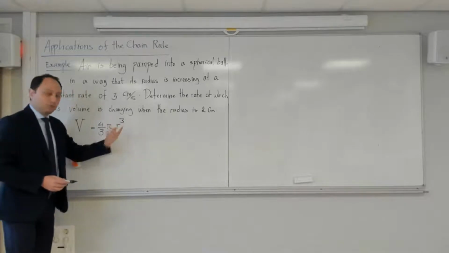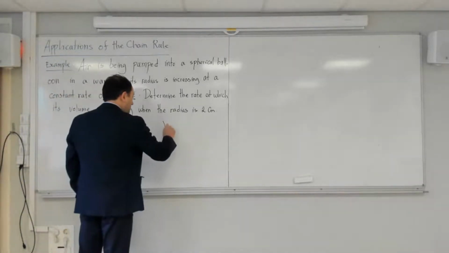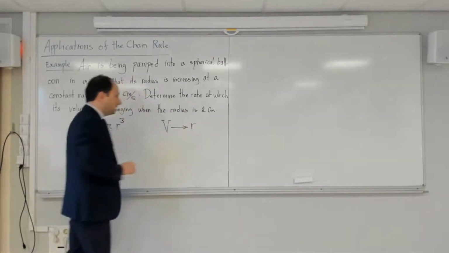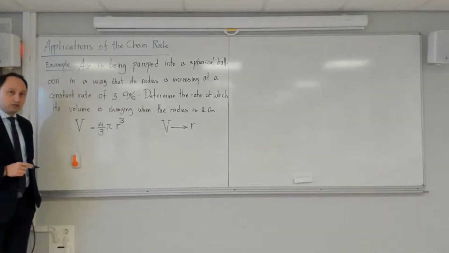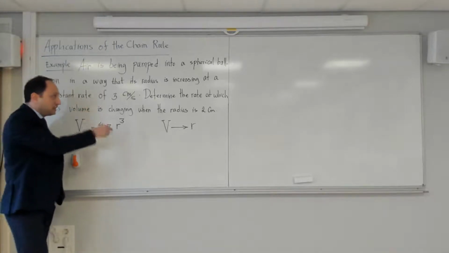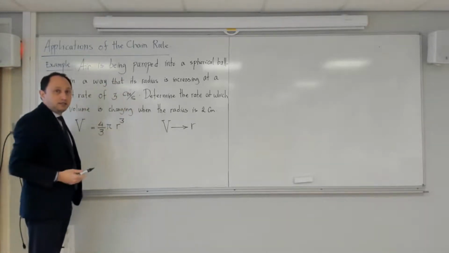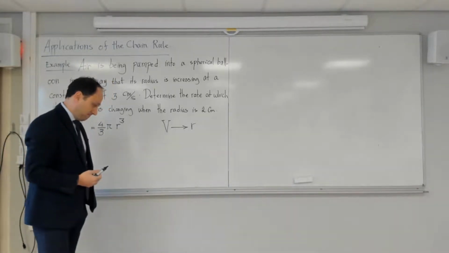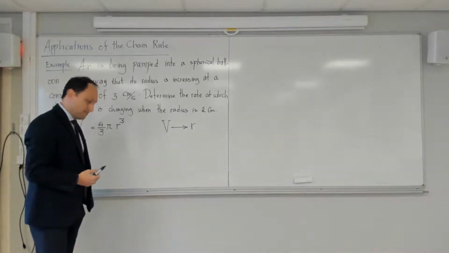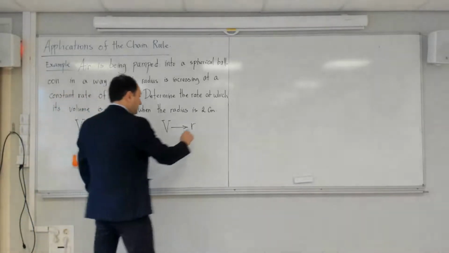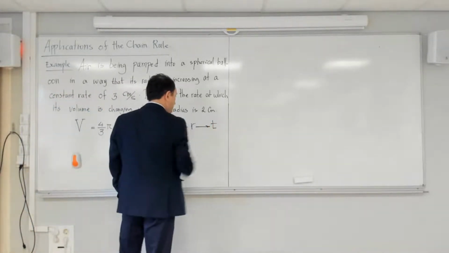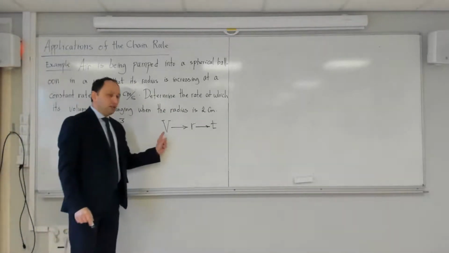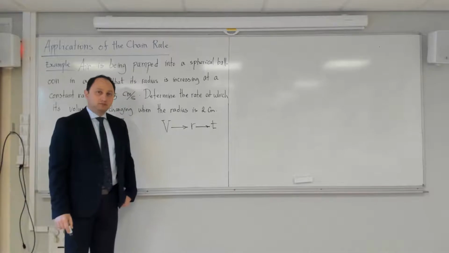If you think a little bit deeper, this formula gives the dependence of V on a quantity called radius. But the radius in this setup depends on another quantity, which is what? Time. So let me just use the natural letter T for time. Can I say that V also depends on time now?